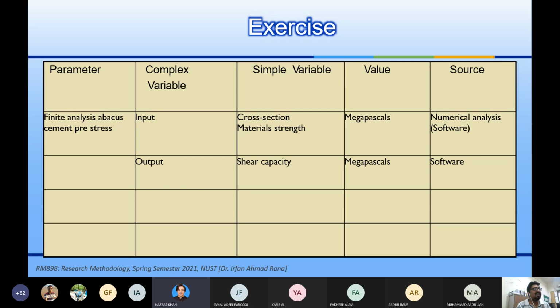Excuse me, sir. Yes, Hazrat, please. Sir, in this whole process, every heading, for example, parameter, variable, has its own importance. But what is the importance of having the value, I mean the unit, in this whole process? Very good point, Hazrat. Sometimes you need to do different analyses with different units.